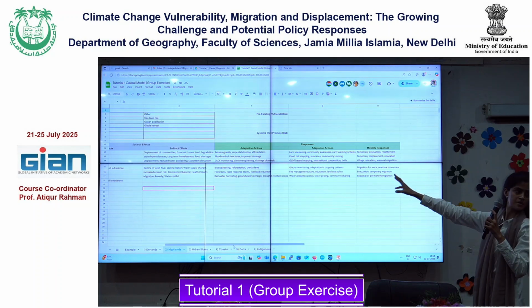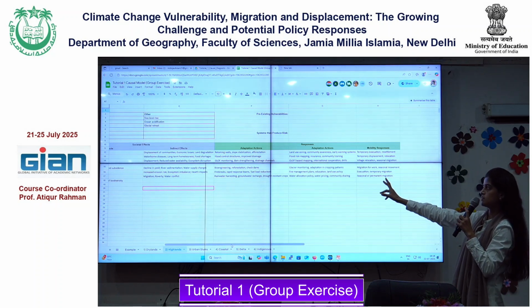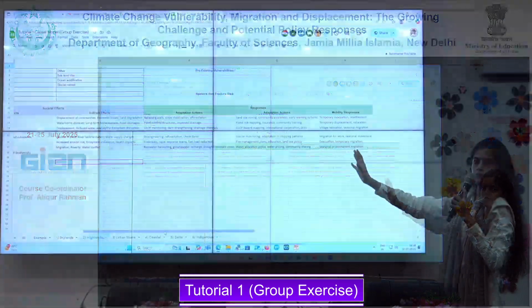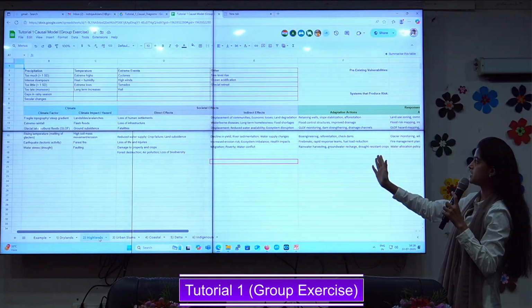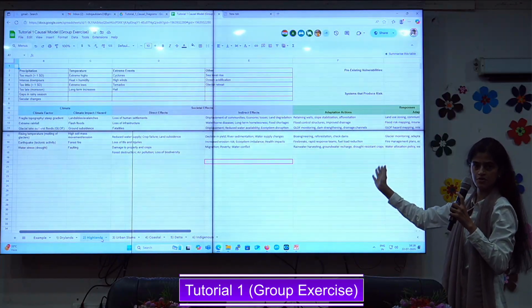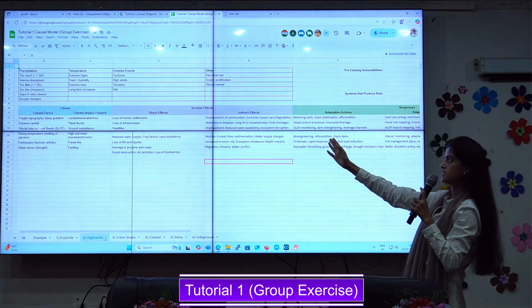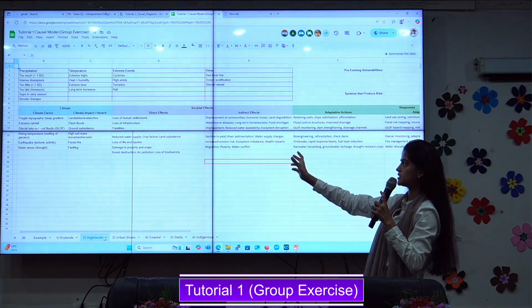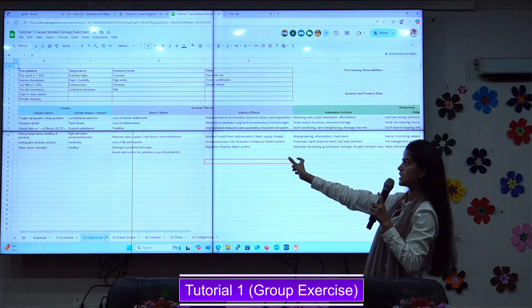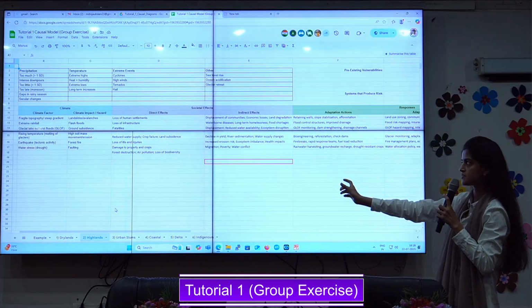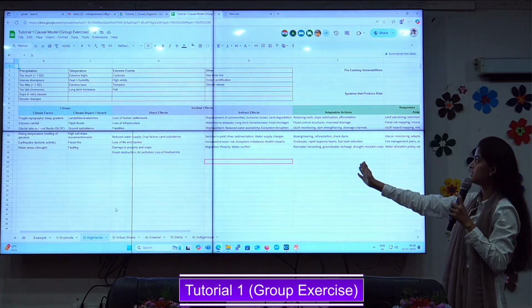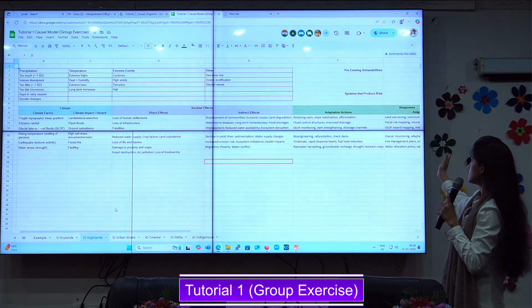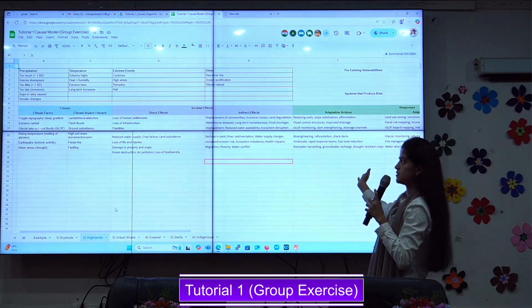In the climatic effects, first there were the factors. Basically, in the three broad subheads, we are dealing with cause and effect in every aspect. So in the heading of climate, there's a subhead of climatic factor and its impact. Similarly, in societal effects, there's the direct effect and indirect effect. And henceforth the responses, which I'll come to later on.